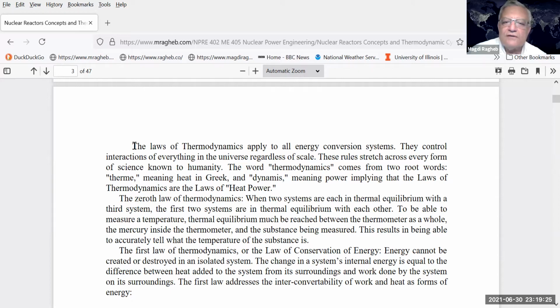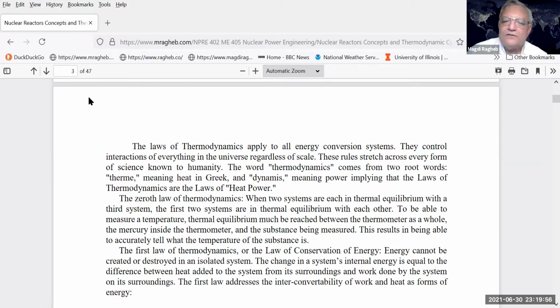The laws of thermodynamics apply to all energy conversion systems. They control interactions of everything in the universe, regardless of scale, and these rules stretch across every form of science known to humanity. The word thermodynamics comes from two root words, thermi, meaning heat in Greek, and dynamis, meaning power, implying that the laws of thermodynamics are the laws of heat power.